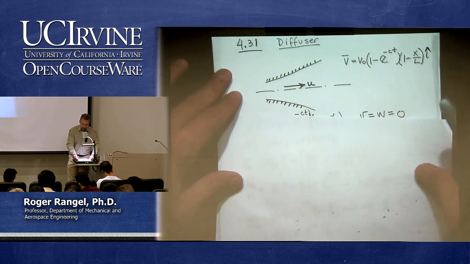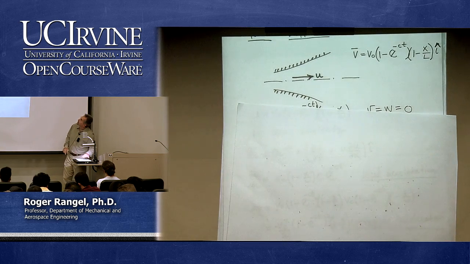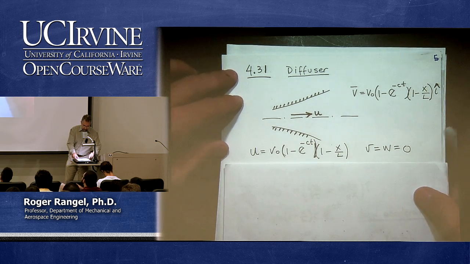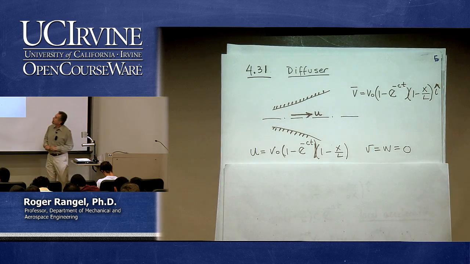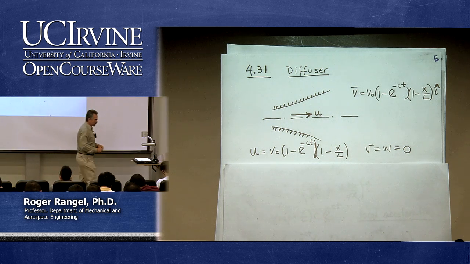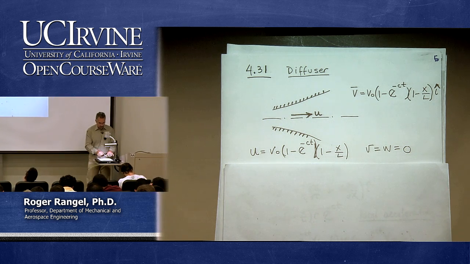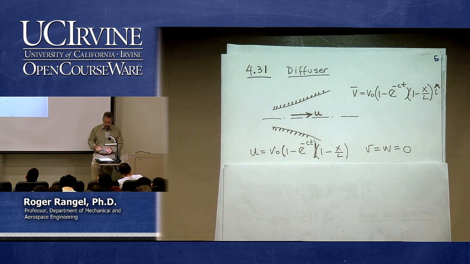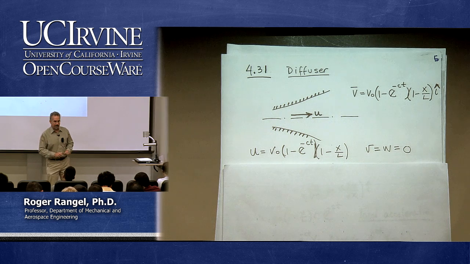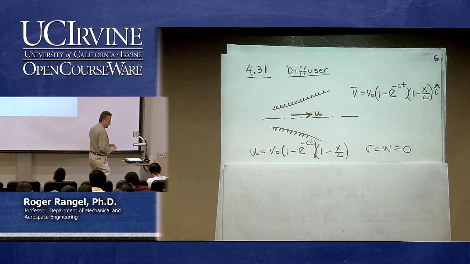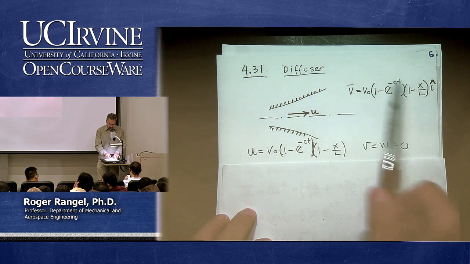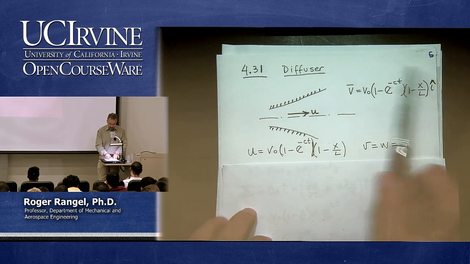We are told, this is problem 4.31, that there is a diffuser, which you know is a device to reduce the speed of a flow. So there's a diffuser, flow is going out, and we are told what the velocity is. This is a very straightforward example just to see how to obtain the acceleration. It is such a simple example that the velocity field is given to us.